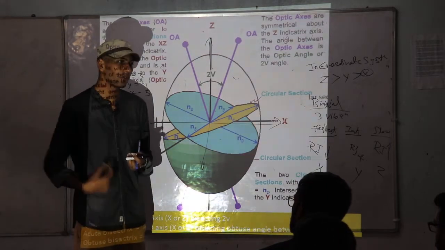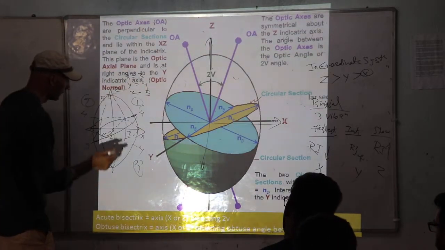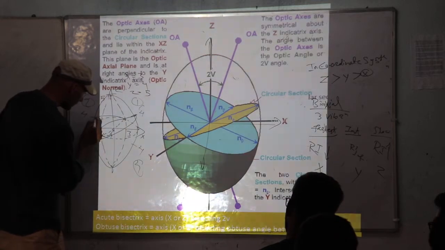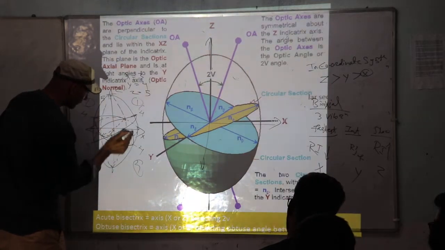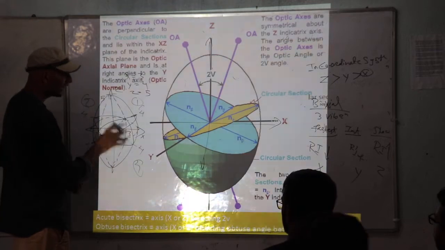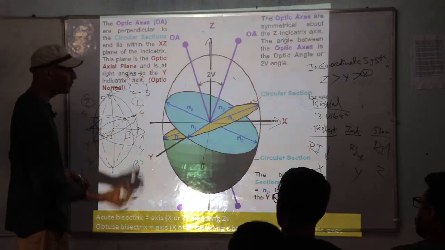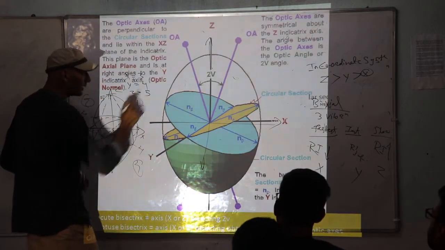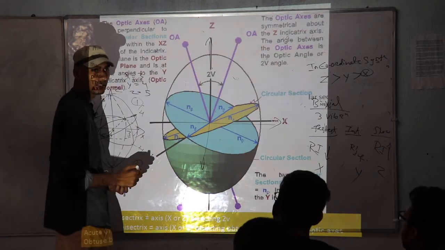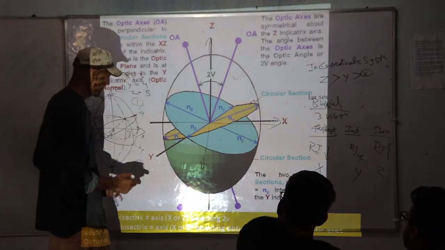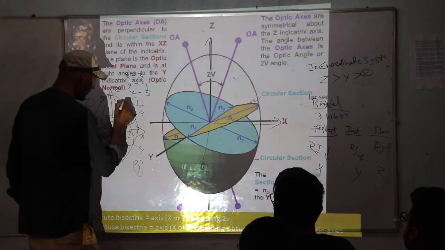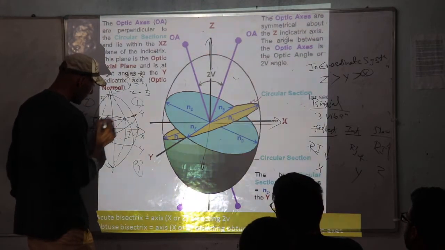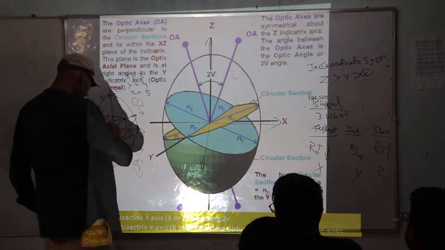So this will also give you a circular section. So you are also getting a circular section here, right? So you are getting 2 circular sections, and as we have known, when there is a perpendicular to a circular section, we are getting the optic axis. So if I take a perpendicular to this circular section and this circular section.